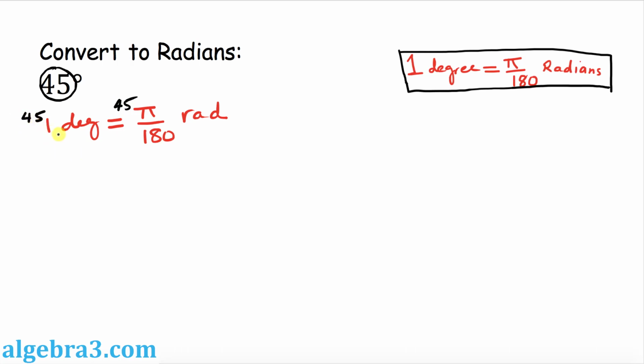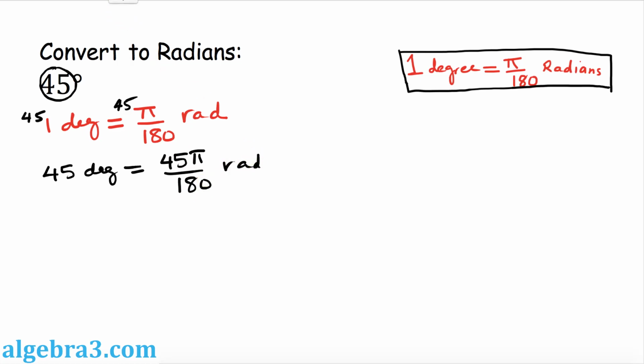So 45 times 1 becomes simply 45 degrees equals, this simply becomes what? 45 pi over 180 radians.